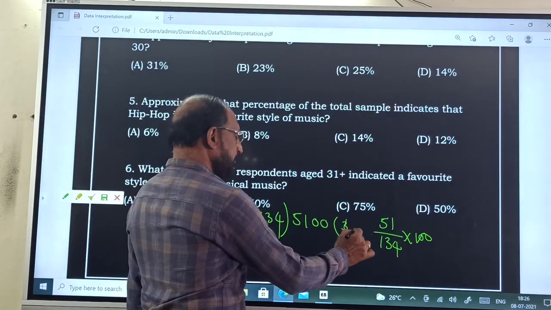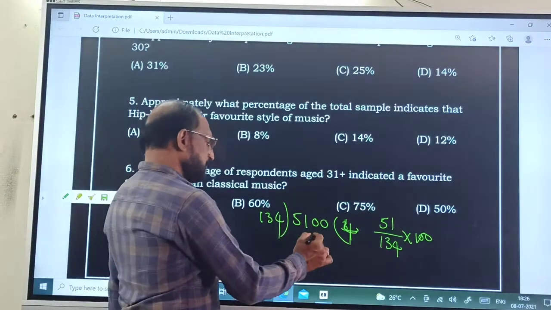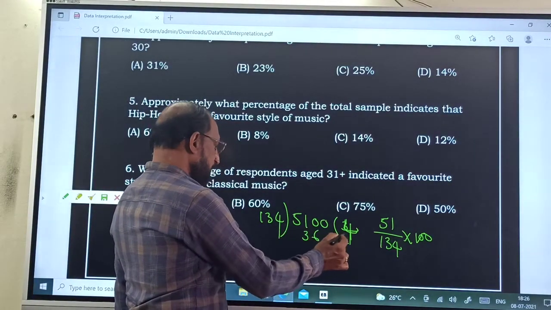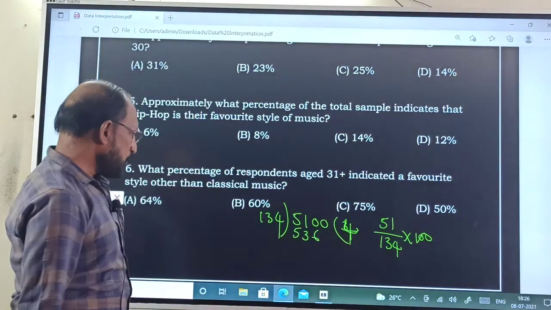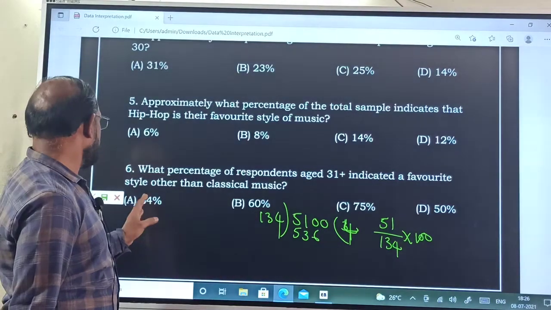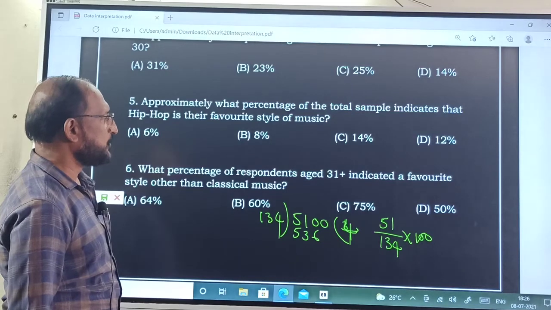Yeah, 4 times. 4 times 4 is 16, 4 threes are 12, 13. 4 times 1 is 5, 536. So I think somewhere it's not 51, I think it's possible.